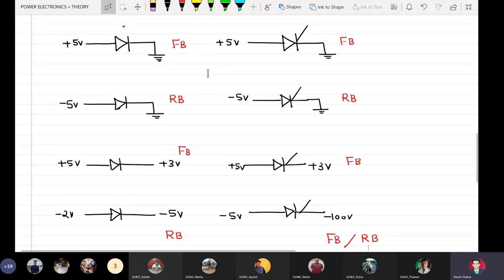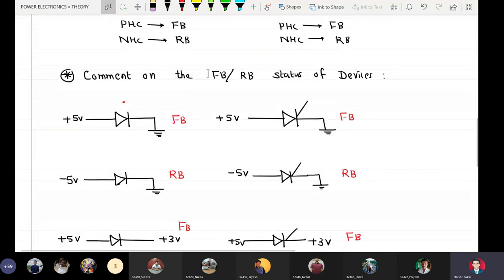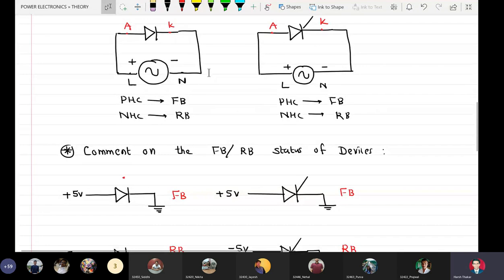Even when I taught basic electronics for the first time, my teacher, way back in 1995, told me that a diode is said to be forward biased if the anode is connected to positive potential and the cathode is connected to negative potential.